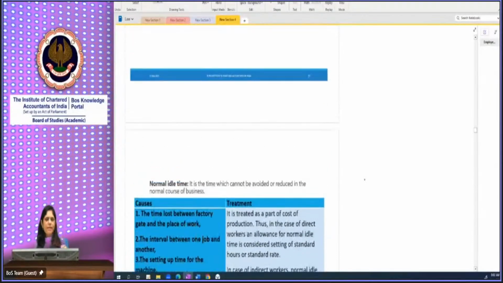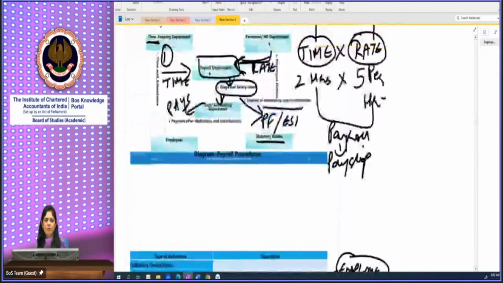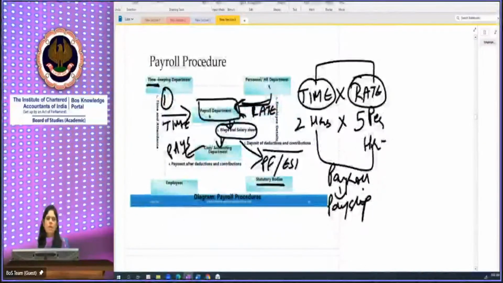Let's just quickly go back to payroll procedure. Okay. So payroll procedure, I just explained to you. We have to calculate the salary of any person. What we require is the time, for how many days or hours the employee or worker has worked, and the rate at which he has to be paid.